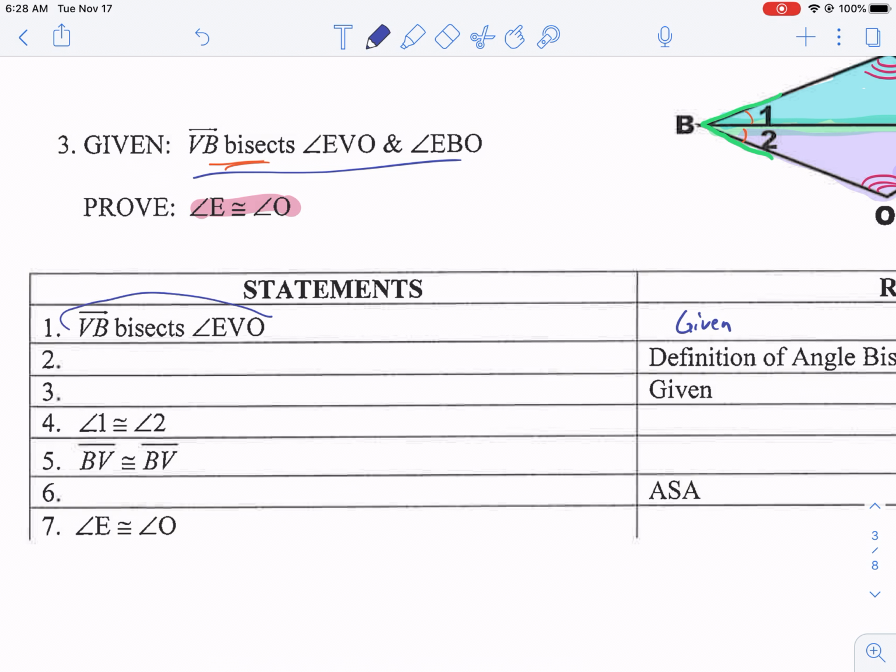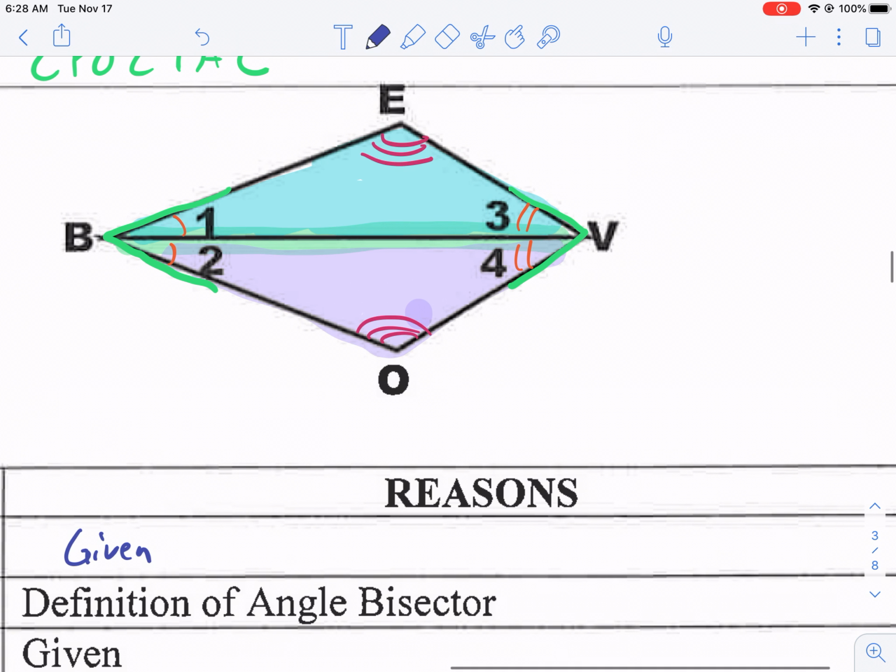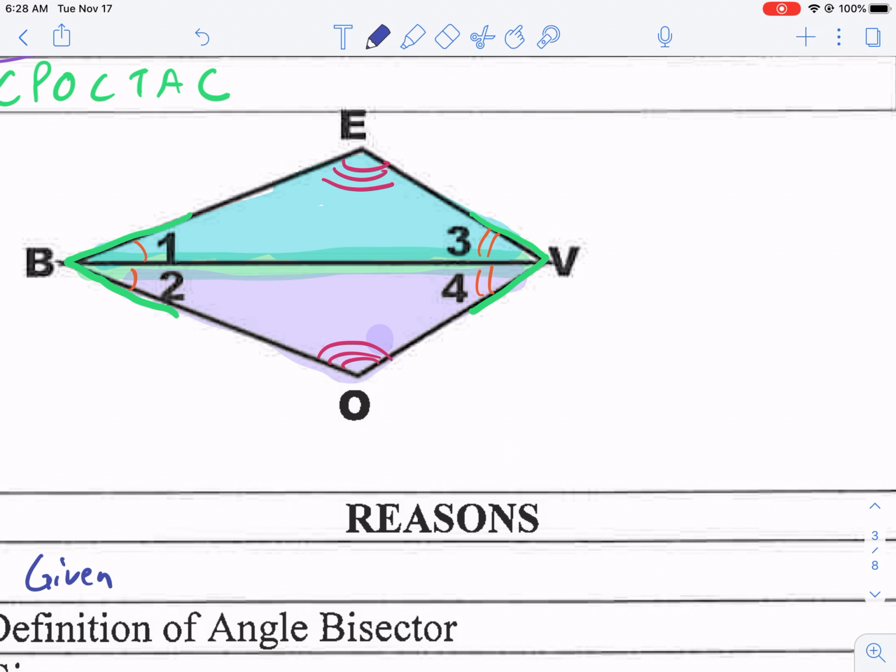Well, first, this particular proof is going off of this. This given leads to step 2. So if VB bisects EVO, we're going to look at EVO and see what new measurements it told us.